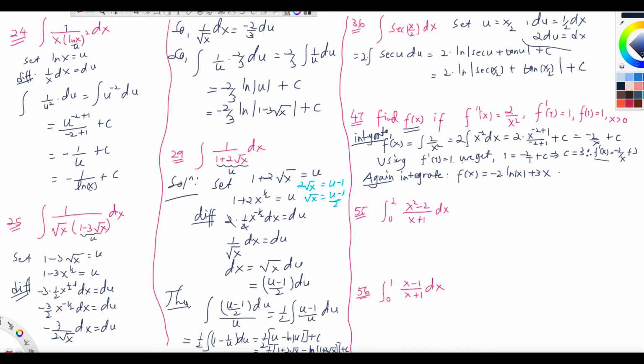Now use that f at 1 is 1. So replace f(x) by 1 and x by 1. That will be negative 2 times natural log of 1, which is 0, right? So it will be plus 3, and by the way, plus c again. Plus another c, okay?